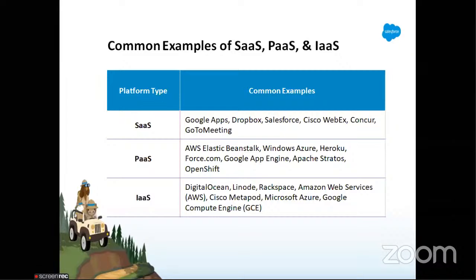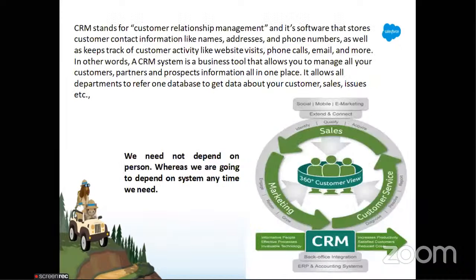And for infrastructure as a service, we have Microsoft Azure, Amazon Web Services, and Google Compute Engine. So you can say they are the service providers and provide the services specific to the software, platform, or infrastructure, right?